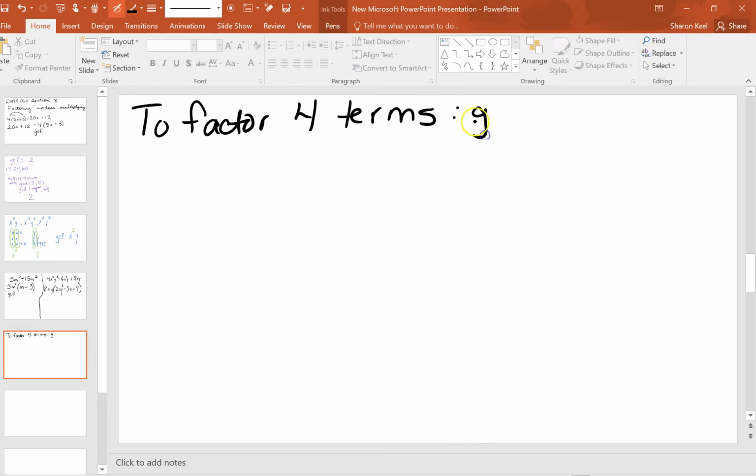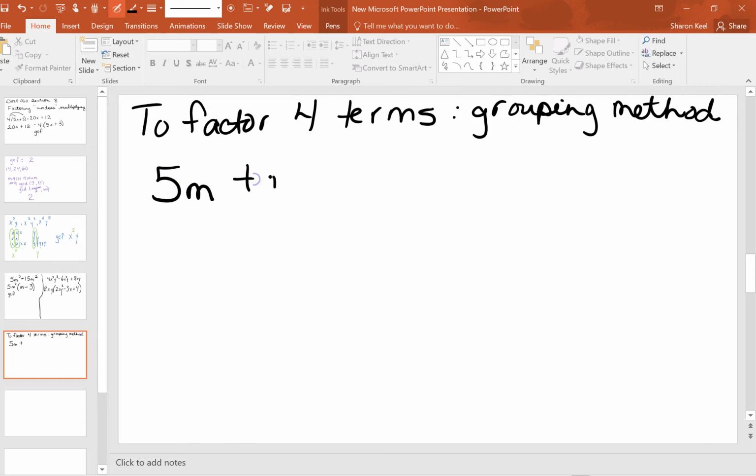The special method we're going to use is the grouping method, which is really what we were just doing, factoring a single term out. So let me start with this example, 5m plus mn plus 20 plus 4n.